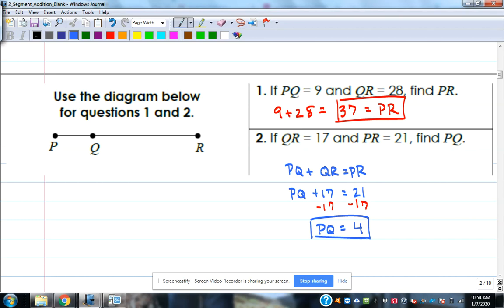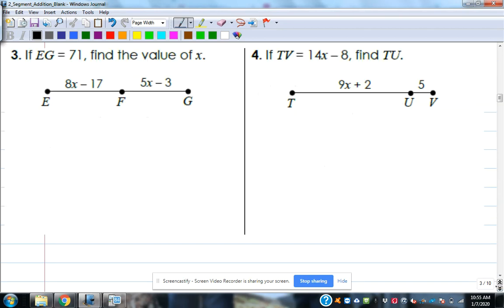Okay, let's look at a little bit more fun stuff, a little more algebra. It says EG is equal to 71, find the value of X. So we've got a segment drawn there with EF and FG, and they've got the pieces above that labeled as to how long those segments are.